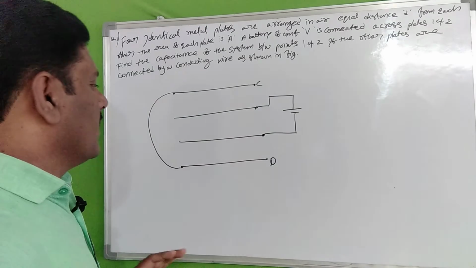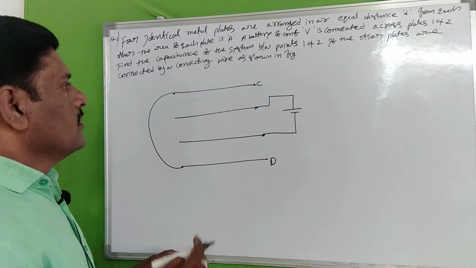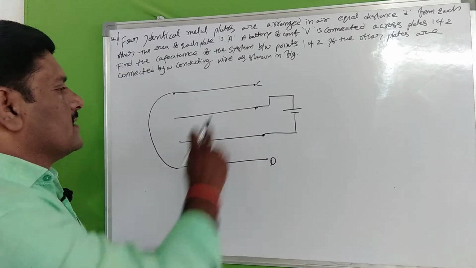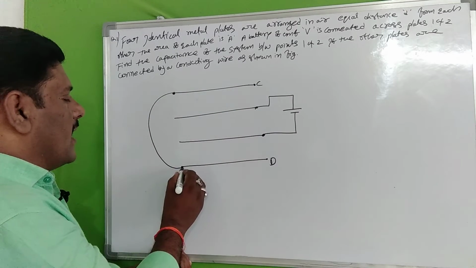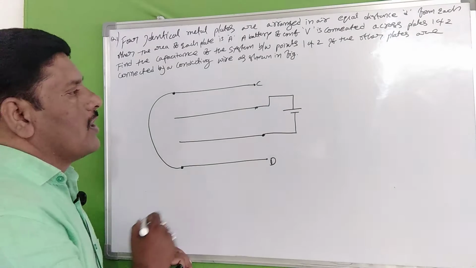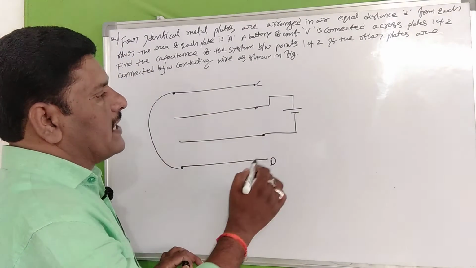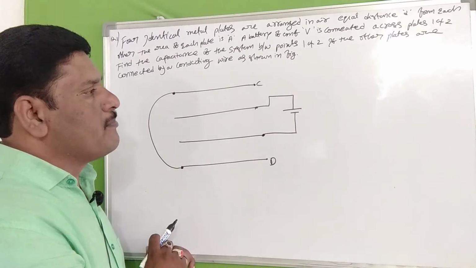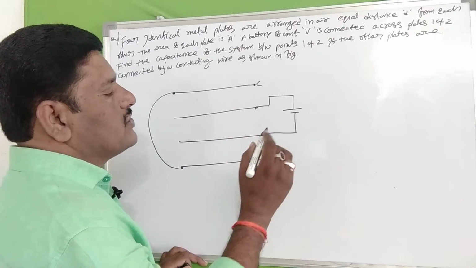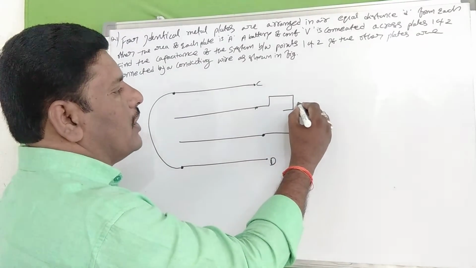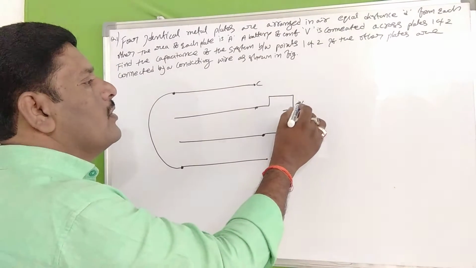Now we clearly observe that four plates are given. Plates C and D are connected by a conducting wire. According to the statement, two plates are connected by an EMF battery V. We take the potential V at the positive terminal.